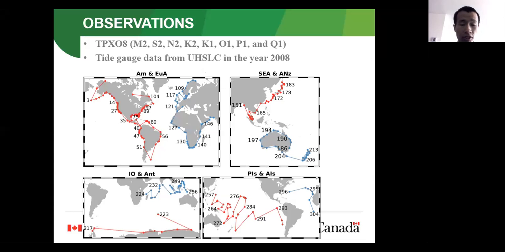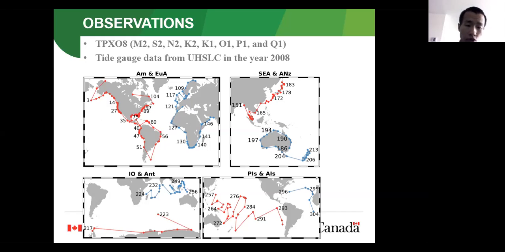The observations we used in this study include the TPX-08 global tidal solutions, which is constrained by the satellite altimetry data. And here we treat it as observations, and we use the eight major tidal constituents. We also have tidal gauge data from a global array of 304 gauges obtained from the Sea Level Center, University of Hawaii during the year 2008.